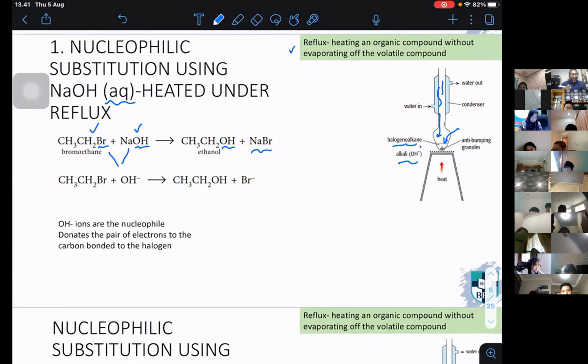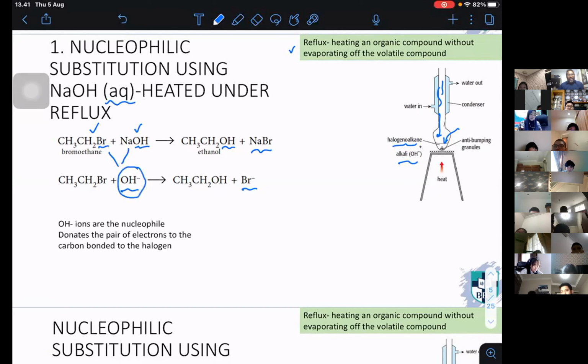Simple as that. In this case, you can remove the Na. You can just say it reacts with OH minus to give you Br minus. When we say nucleophilic substitution, the nucleophile involved here is the OH minus, or the hydroxide ion.